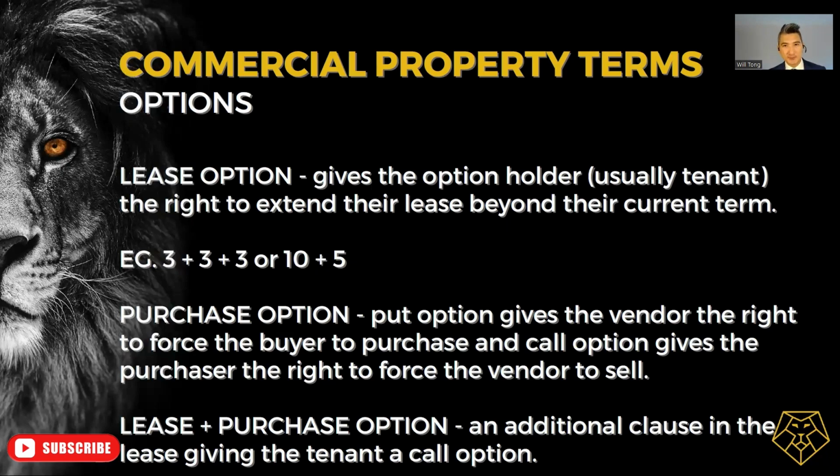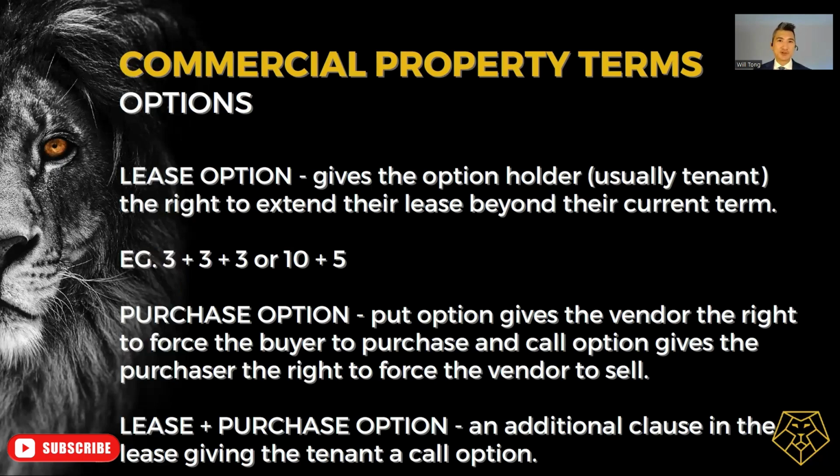Now, it's very important to understand that 3+3+3 years doesn't mean a 9-year lease. A lot of investors make the assumption that because a tenant has an option, they're going to stay. That's completely false.